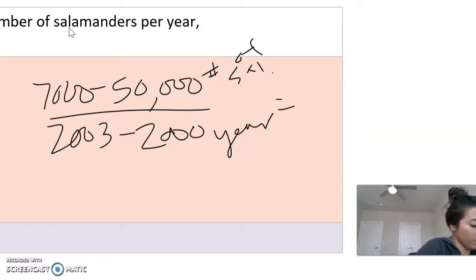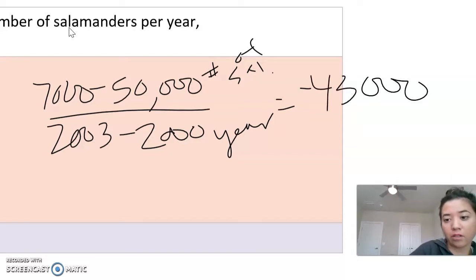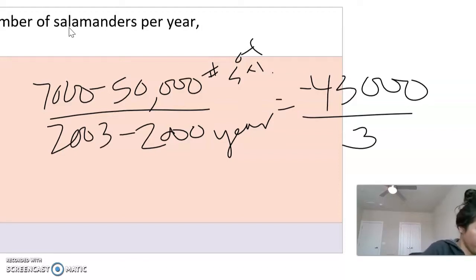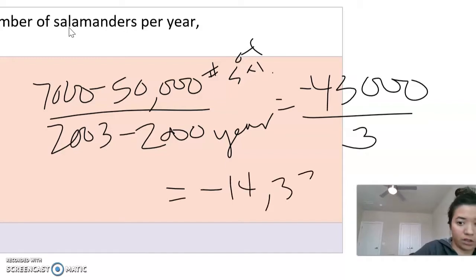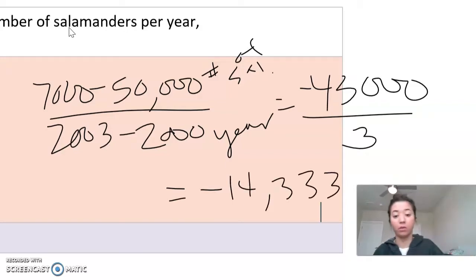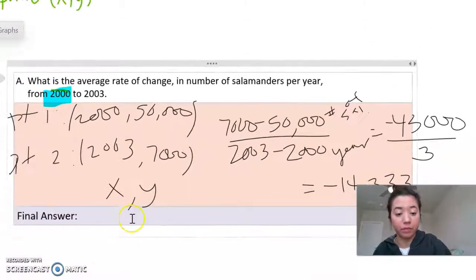Okay, let's go ahead and do this. So 7,000 minus 50,000 gives me a negative 43,000. And then 2003 minus 2000 is 3. We can do that division, and we get negative 14,333. So now what does this mean?